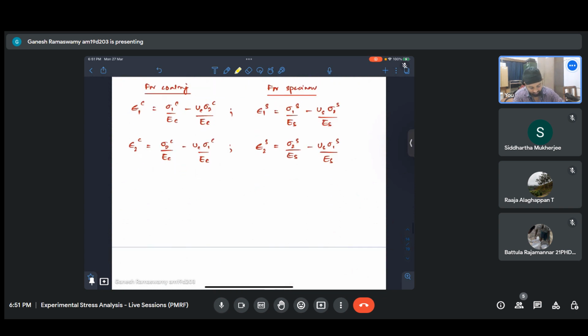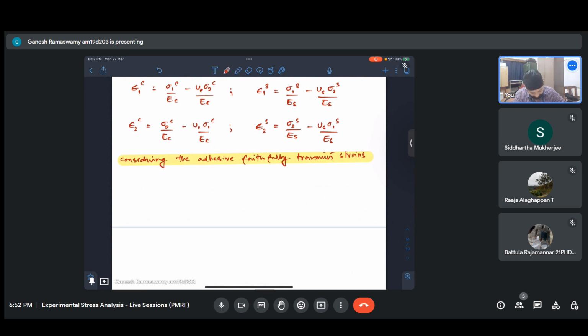Now we consider that the adhesive that is holding the photoelastic coating onto the specimen faithfully transmits the strains, in which case epsilon 1c is equal to epsilon 1s and epsilon 2c is equal to epsilon 2s.